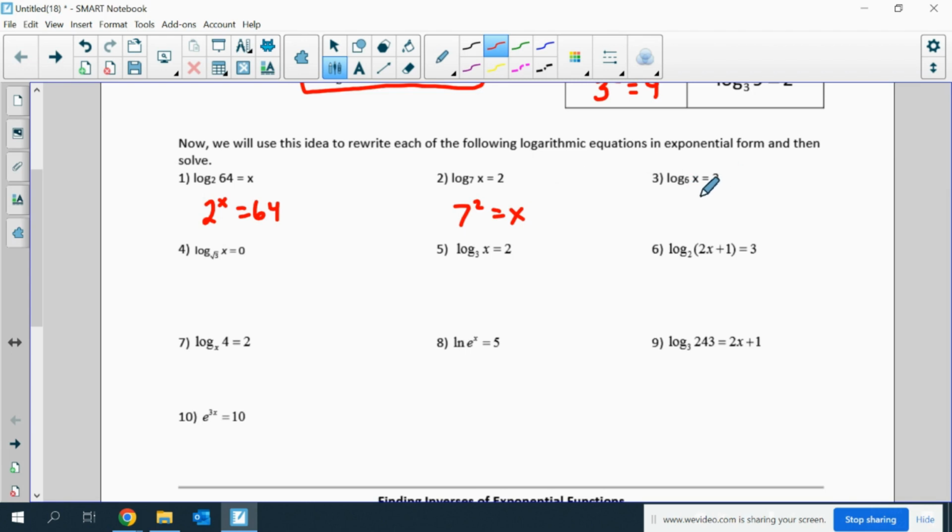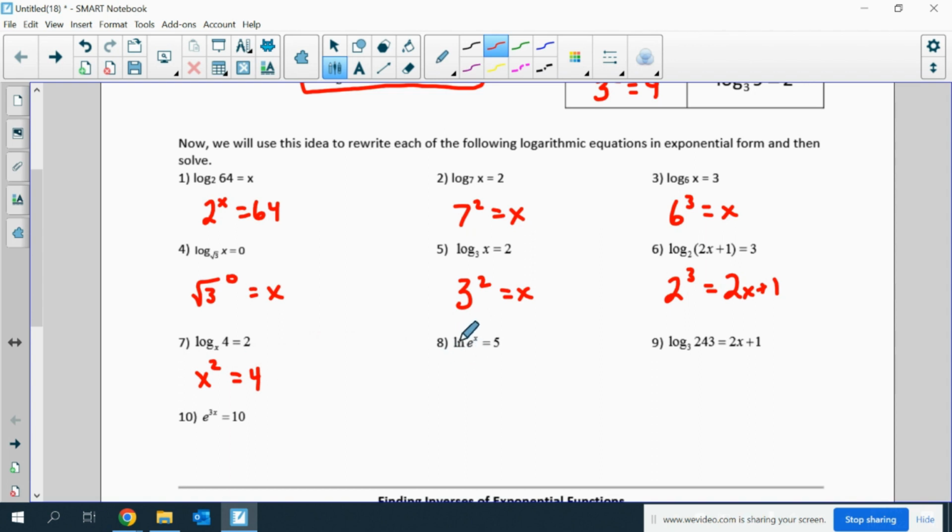Log base 6 of x equals 3 means 6 to the 3rd equals x. Number 4 can be rewritten as square root of 3 to the 0 equals x. 5 is 3 squared equals x. 6 is 2 to the 3rd equals 2x plus 1. 7 is x squared equals 4.